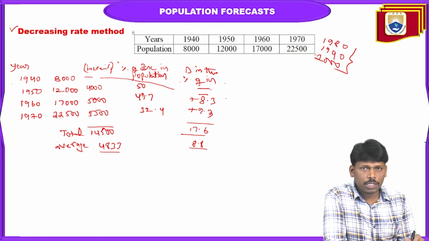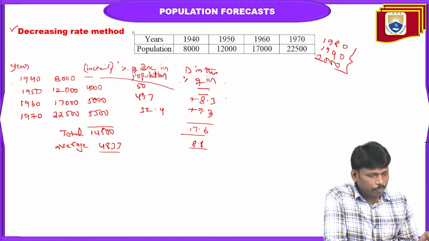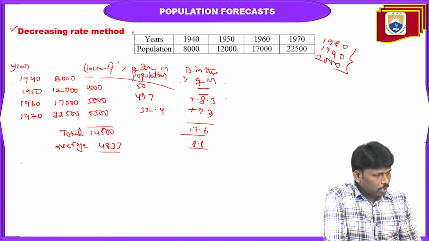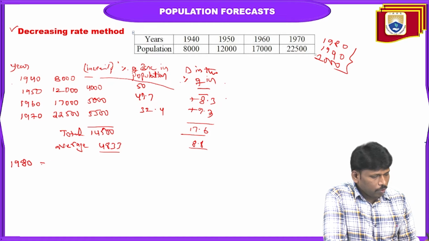Now, in order to estimate the population for 1980, the population at 1980 is equal to the latest, the previous one.